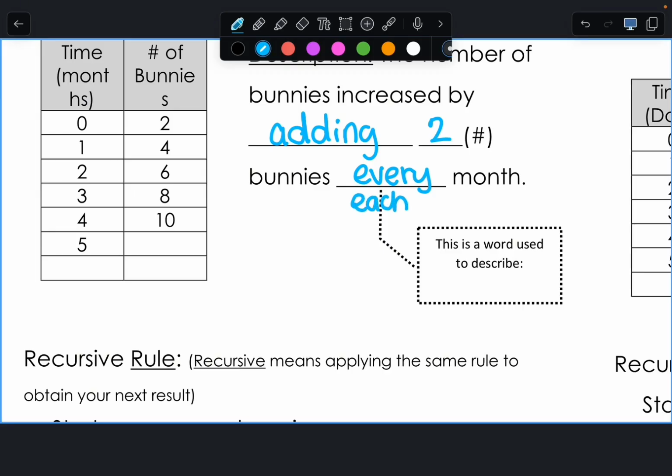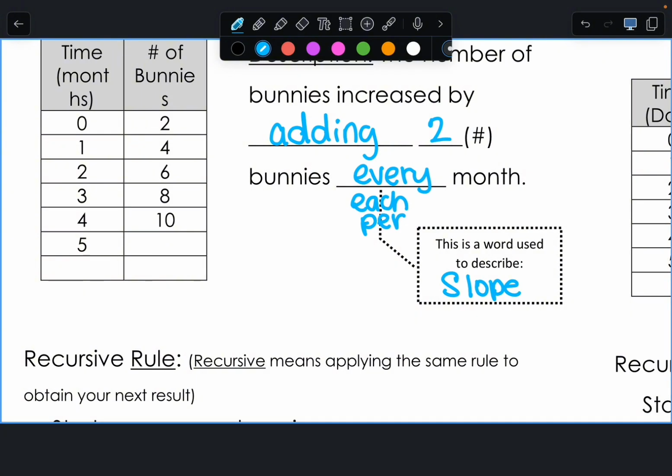We use these 3 words to describe what in a word problem? Slope. Slope is a word that's only associated with linear functions.